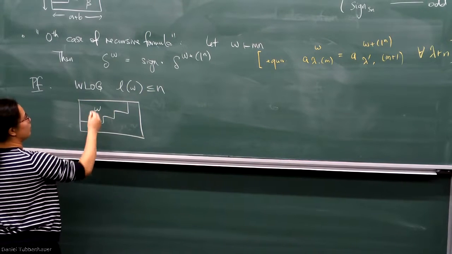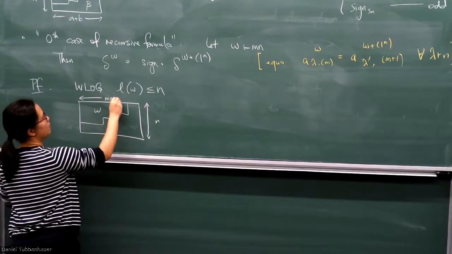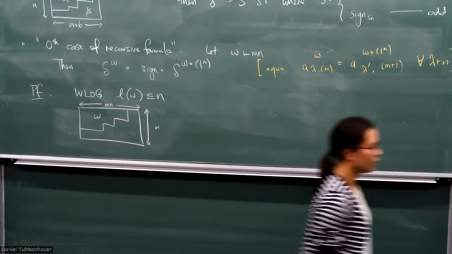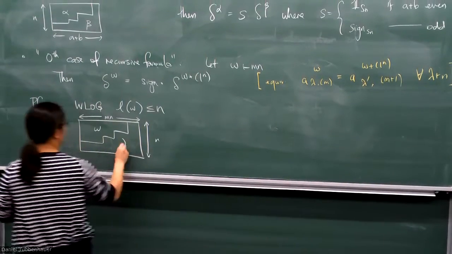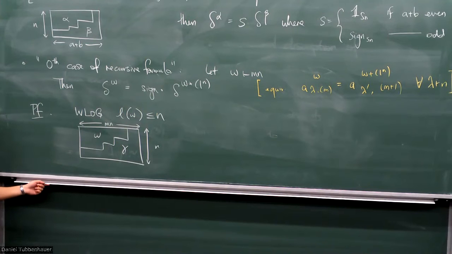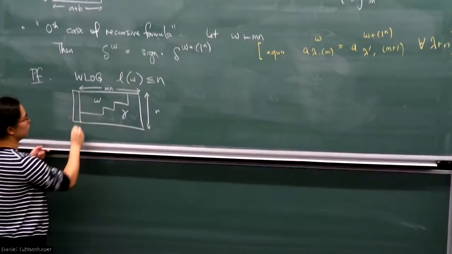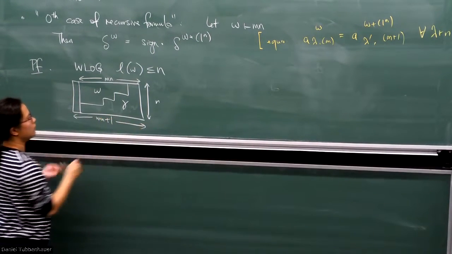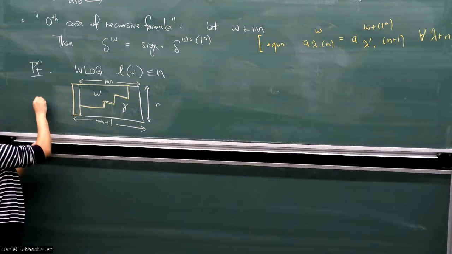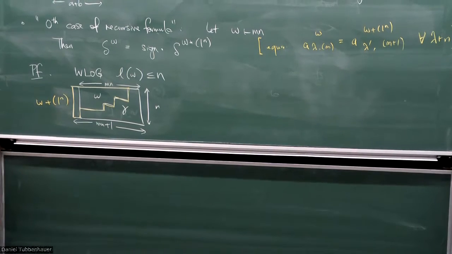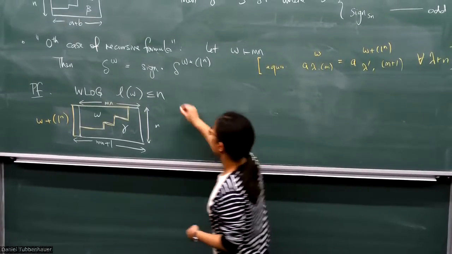Omega is here somewhere, and if I pick any sufficiently large width, like mn, then of course it's going to fit. If I consider the rectangular complement here, call that gamma, and then take the rectangular complement of gamma inside a rectangle that's one wider, then what I've got here is exactly omega plus 1 to the n. So if I apply the rectangular symmetry twice, we get exactly what we want.